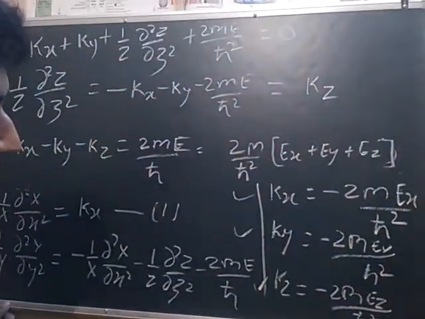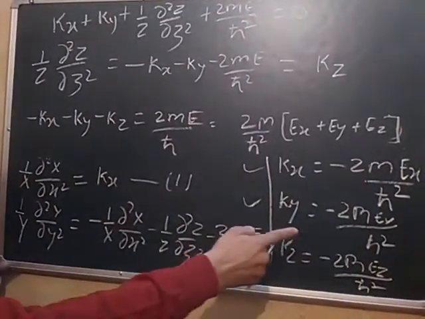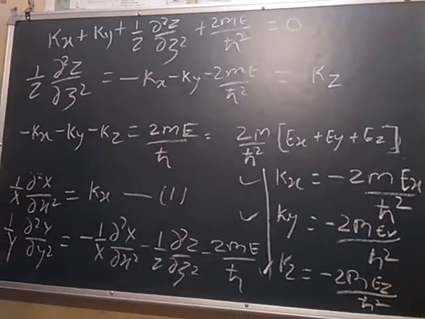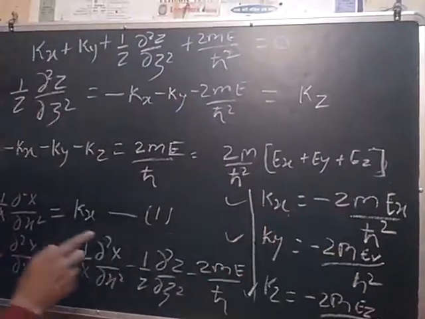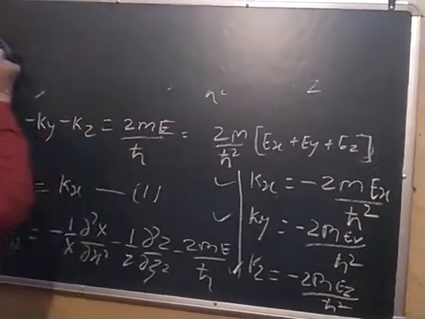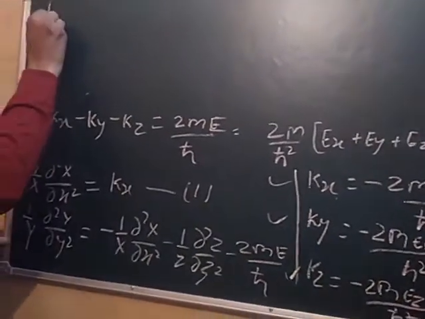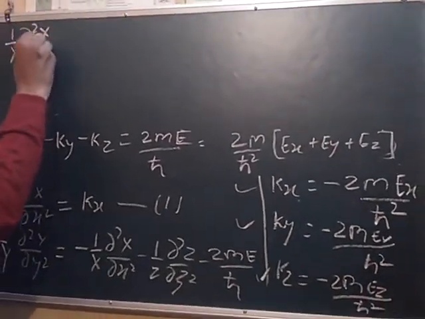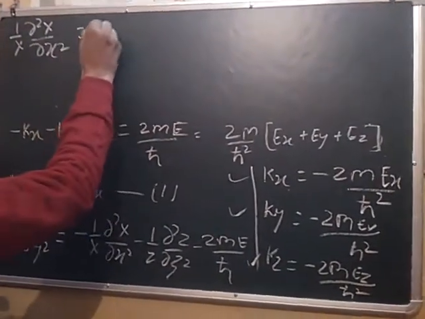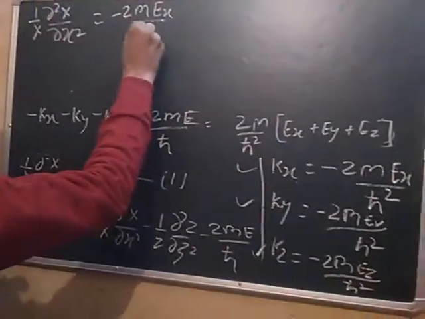Values of kx, ky and kz in different equations: equation 1, and here it was written equation 2, and for kz. Using the value of kx in equation 1, we may obtain 1 upon x del 2x upon del x square is equal to minus 2m Ex upon h bar square.